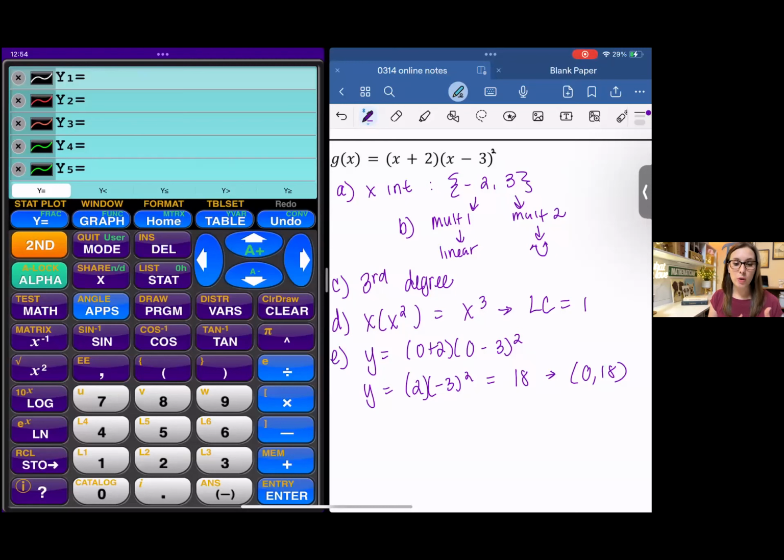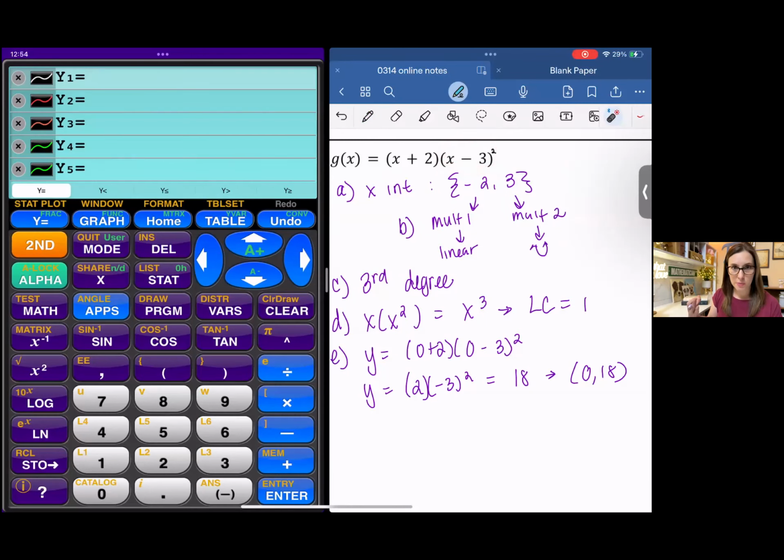And at -2, we have a multiplicity of 1, so we're going to have a linear piece there. When we add our multiplicities together, we get 3, which makes a third-degree polynomial. And then when we find that leading coefficient, we get x times x squared. Remember that the x squared comes from here.